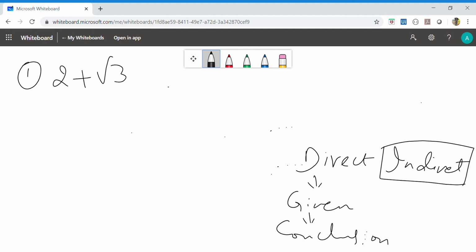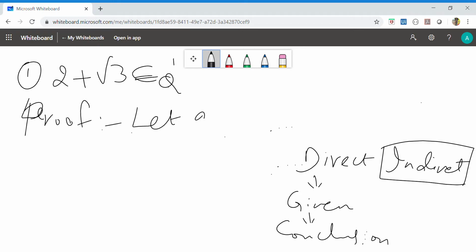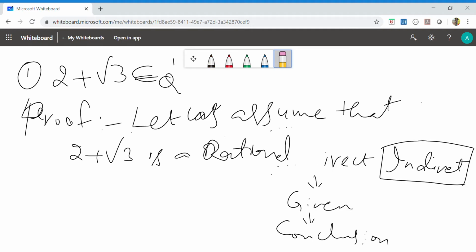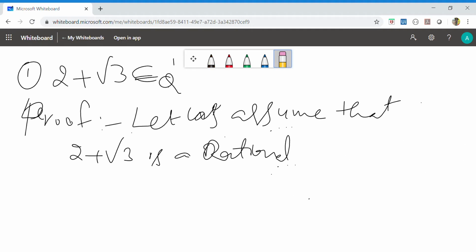What we have to prove is that this belongs to Q dash, the irrationals. But in the proof, let us assume that 2 plus root 3 is a rational number.